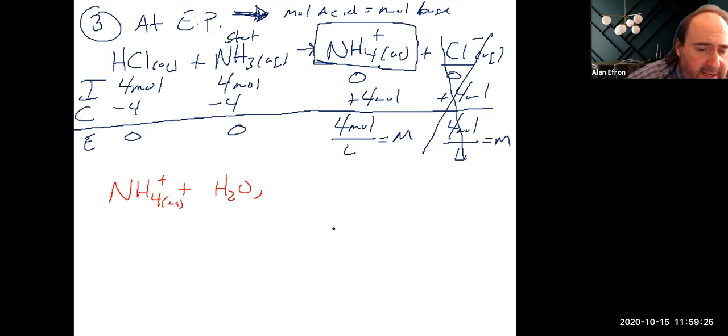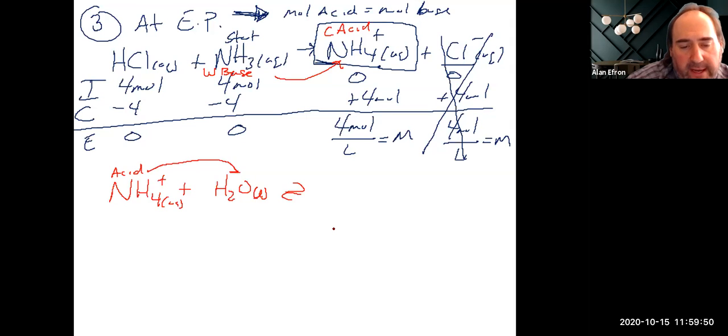So the NH4+ will react with the water. And again here, if you're not sure how it's going to react, we think about it like a step before. Since our NH3 is a weak base, that means its partner should be a conjugate acid, which means when it reacts with water here, it's going to react as an acid would, which means it's going to donate its H+ over.